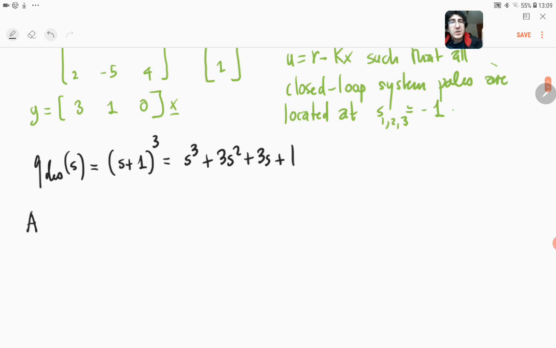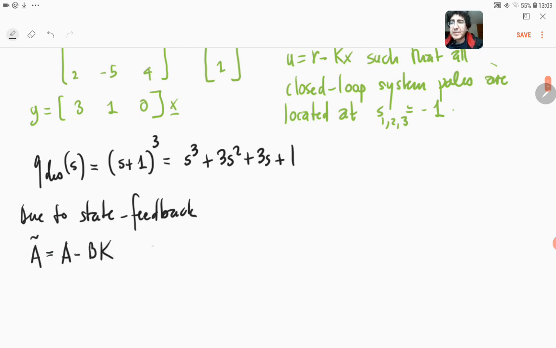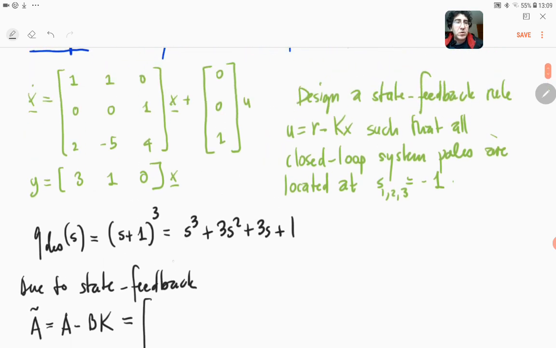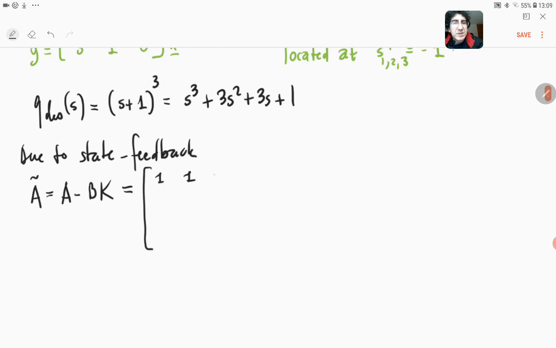Due to state feedback, the system matrix will be modified, and that's going to become A tilde is equal to A minus BK, and that's going to be equal to the A matrix, which is at the top over here, right? 1 1 0, 0 0 1, 2 minus 5 and 4, minus the multiplication of b with k.